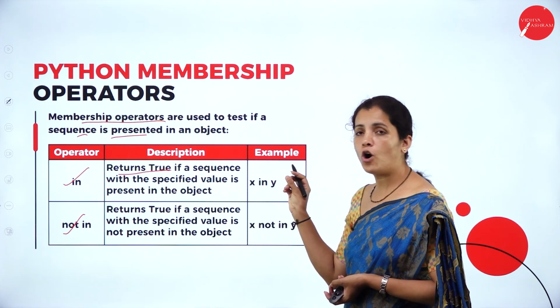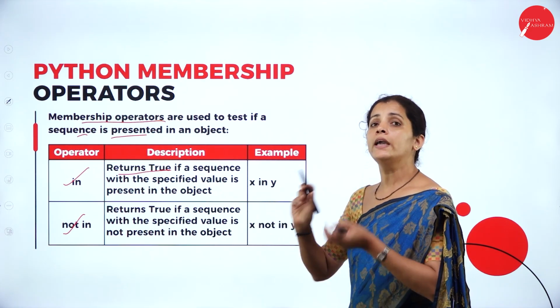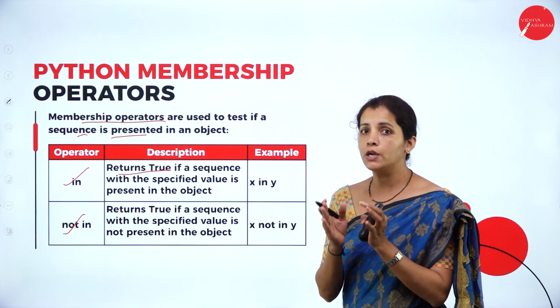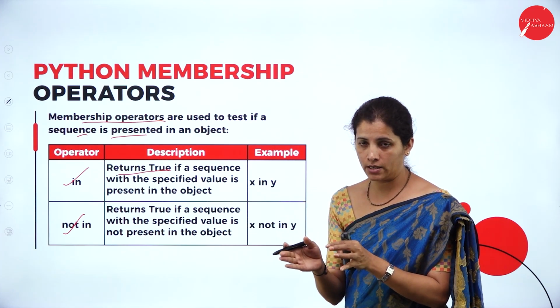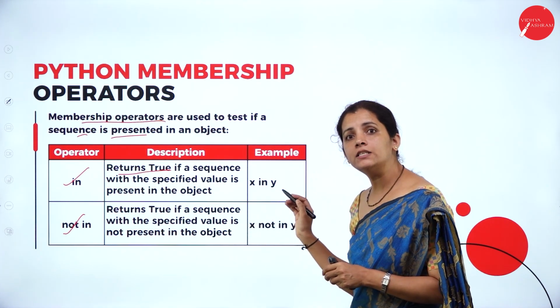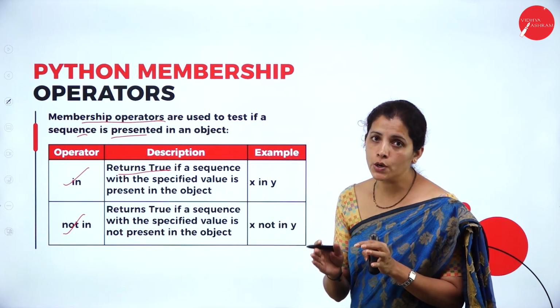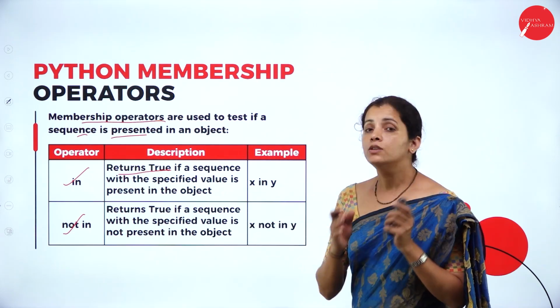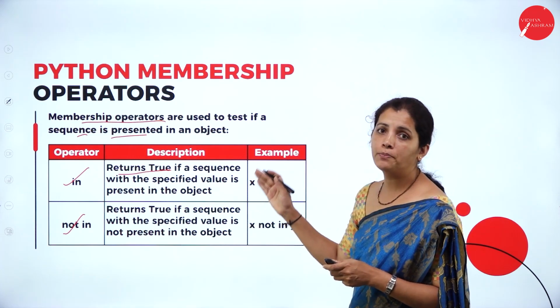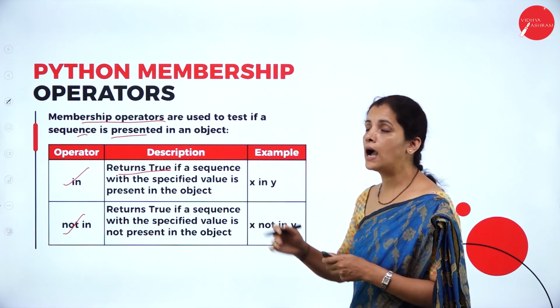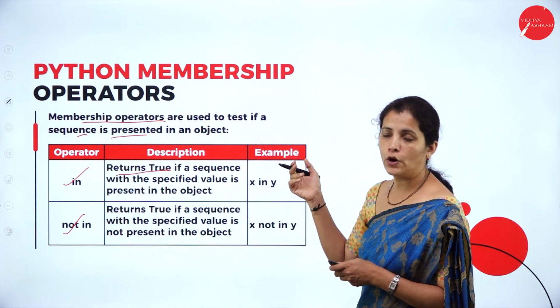So this membership operator returns true if there is any sequence in the object. And it returns false if there is no sequence in the object. So these are the two membership operators we are going to have in our Python.